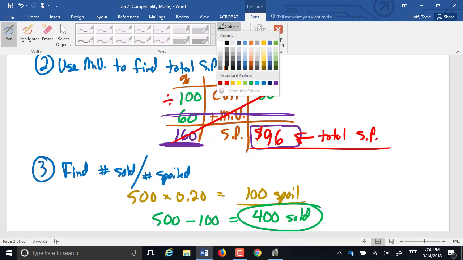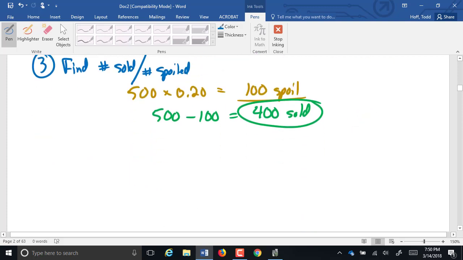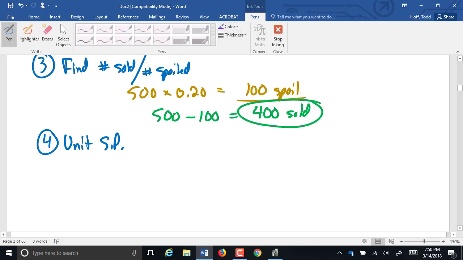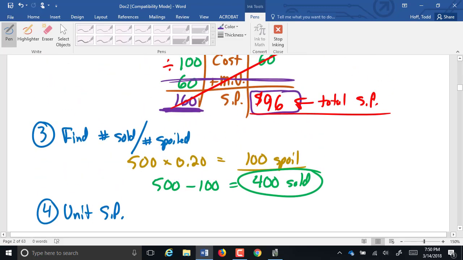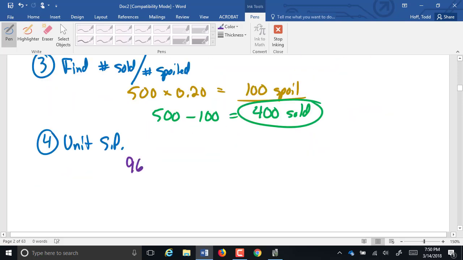What is our next step? Find the unit selling price. And that unit selling price is always found by taking the total selling price, $96, divided by the units that are sold, 400.